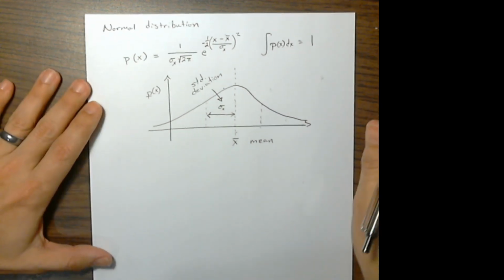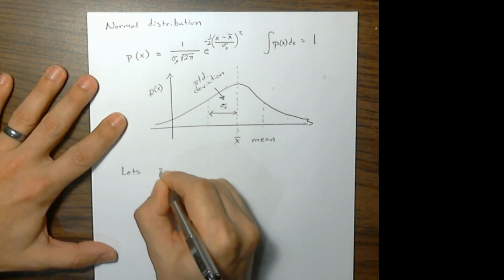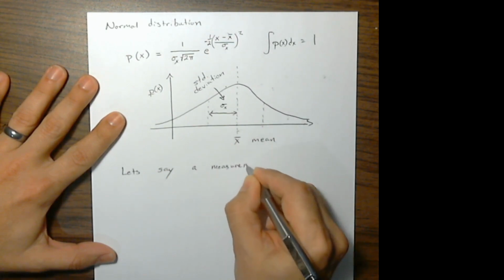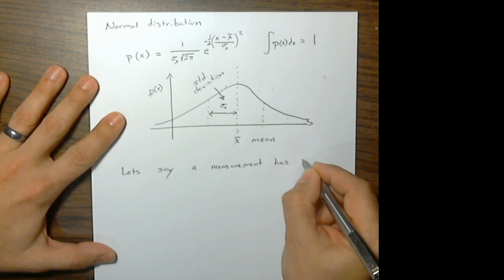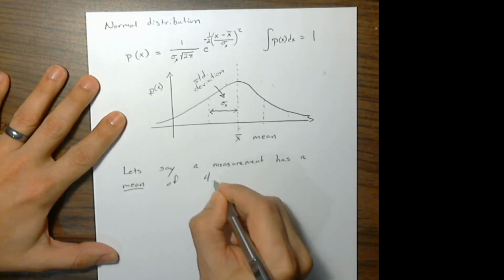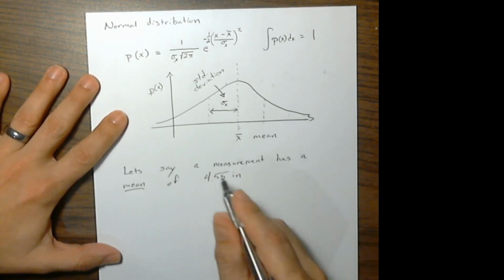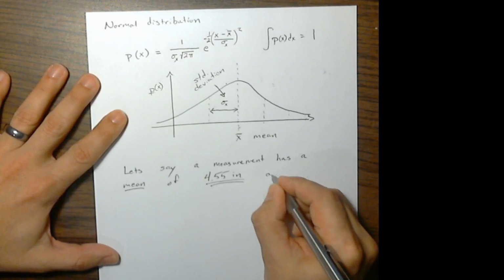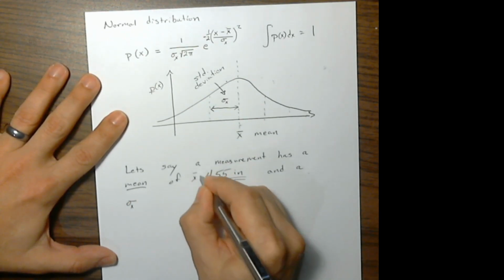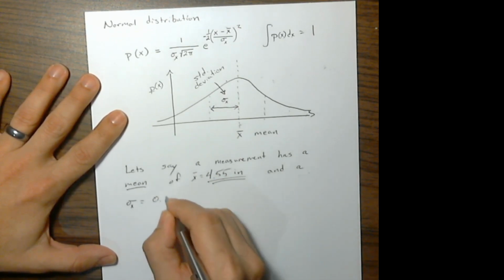So if you wanted to know the probability, let's say I had a system with a mean of 4.55 inches, maybe it's a length, who knows, and a standard deviation, so this is x bar, I'll call it, of, I don't know, let's call it a 16th.